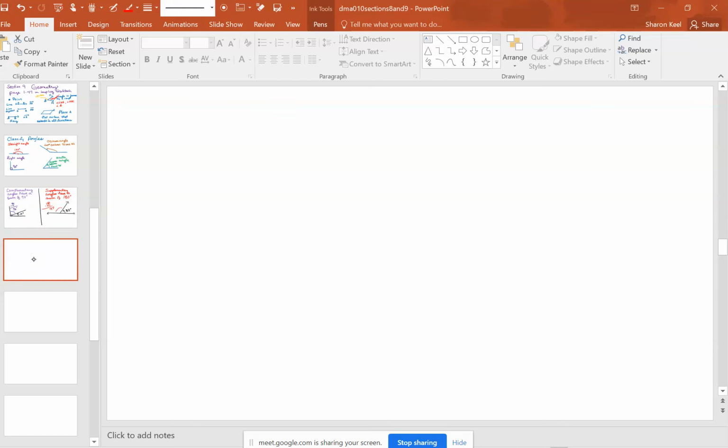Now, how do we go about finding measurements of angles that we are given? If you look in your book, go over to page 150. I'm going to draw a straight line here, and I'm going to label it just as they have.